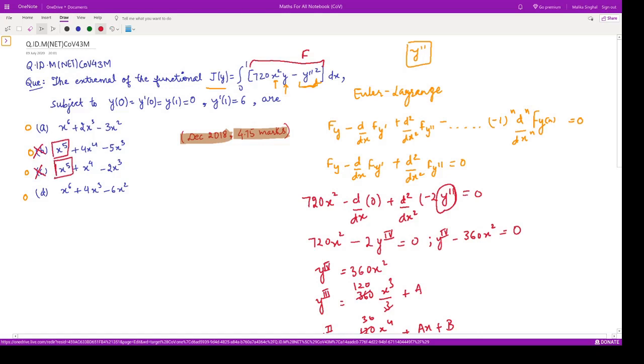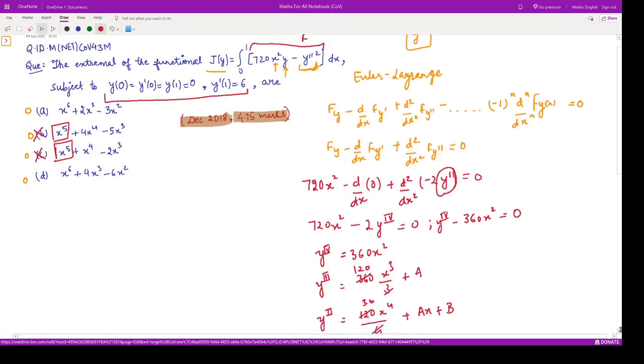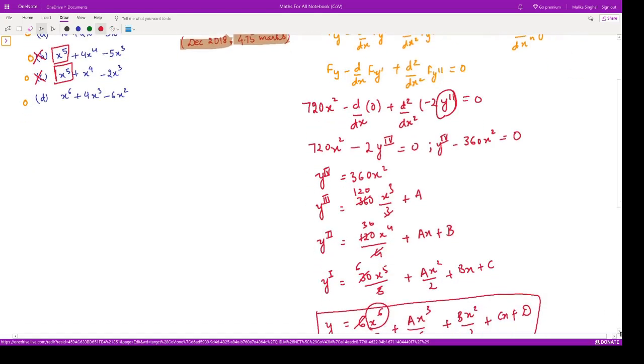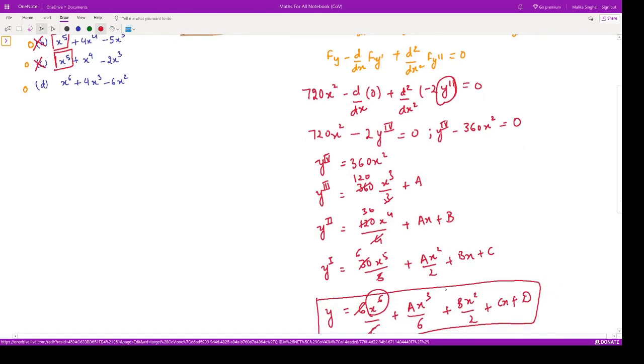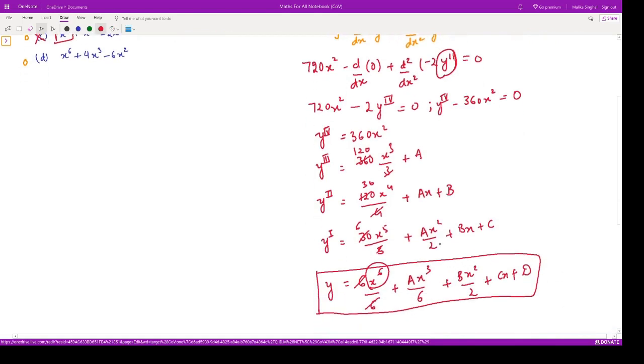Out of these two we have to suggest what is the solution. So let us look at the boundaries. Our y is this one, so let us call it star. Now we'll substitute the conditions one by one.